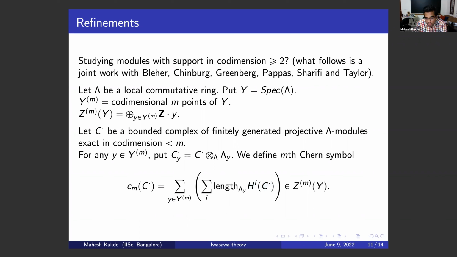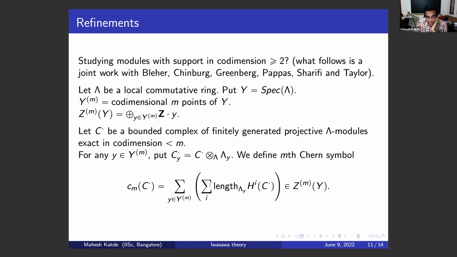Sorry, I forgot the sign here. I hurriedly typed these last parts because I couldn't get my hands on my iPad. This should be (-1)^i here, and I take the alternating sum of these lengths. That's my numerical invariant. Sorry, there are so many typos in this formula.